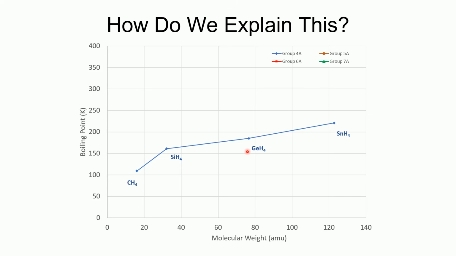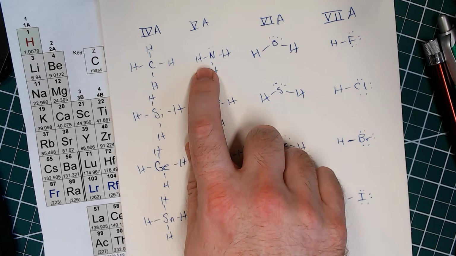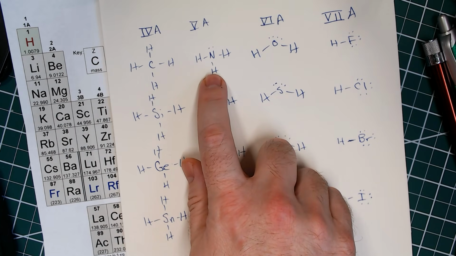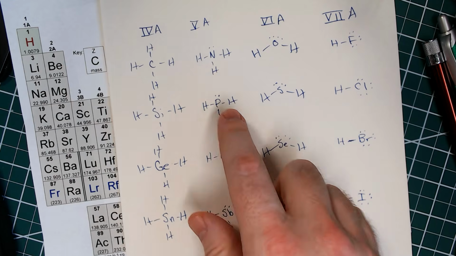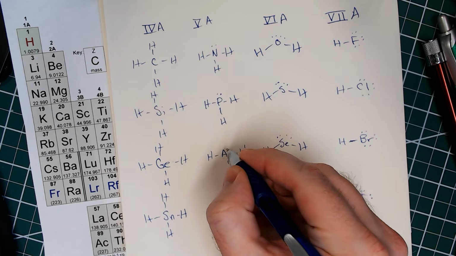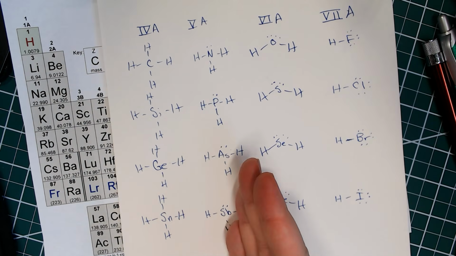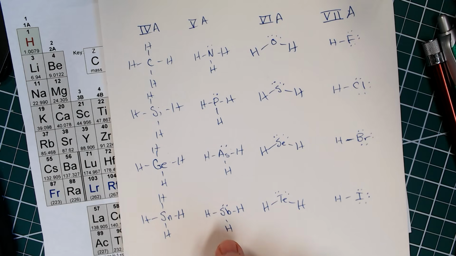All right, well, now if we look at group 5 compounds with hydrogen, we'll come back over here and we'll see that in group 5, so here we've got ammonia, phosphine, there's arsenic. I forgot to put the lone pairs on the arsenic. Because of those lone pairs, all of those molecules are going to be polar.